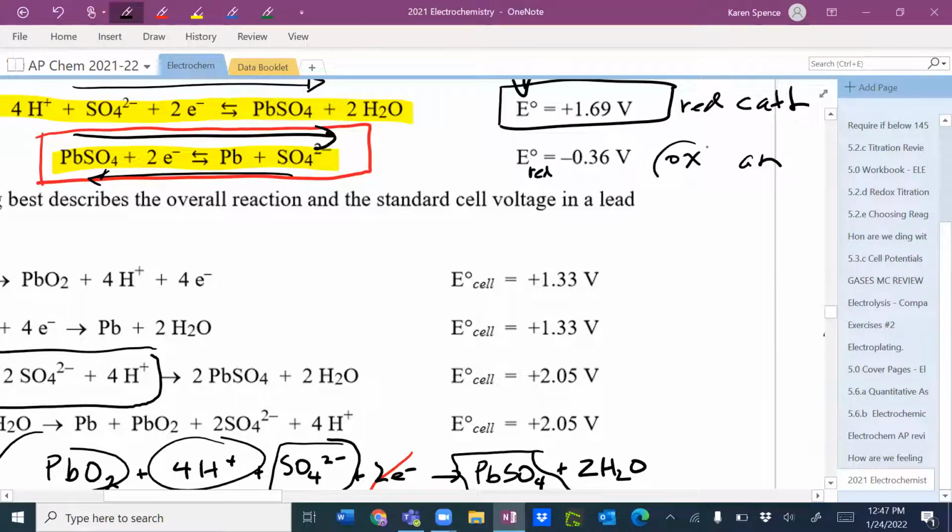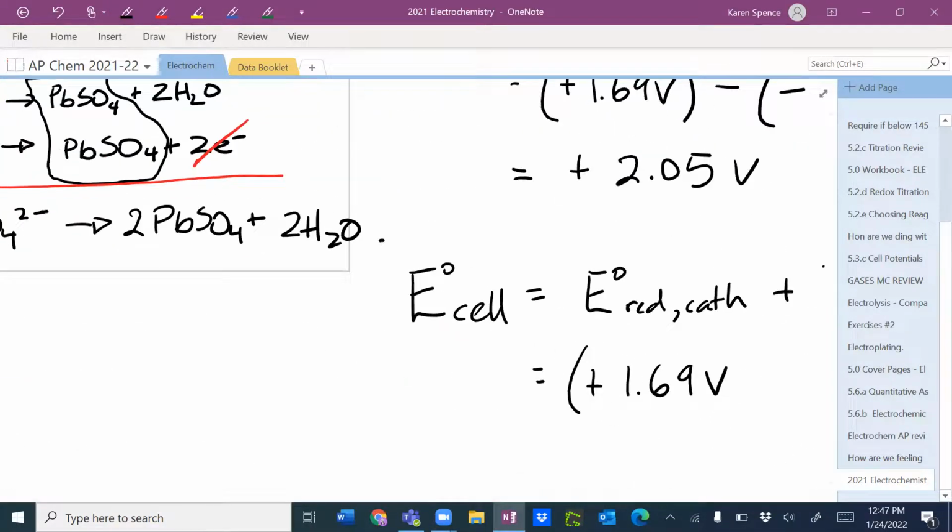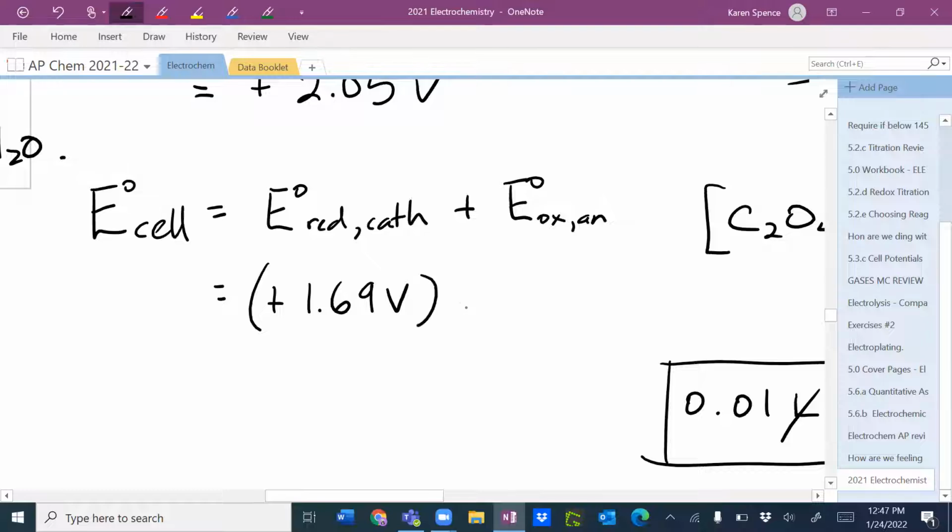And so if we're looking for the oxidation potential, the E naught of oxidation, it's the backwards reaction. So we change the sign. So that's going to be positive 0.36 volts, plus positive 0.36 volts. And we still get positive 2.05 volts. Okay.